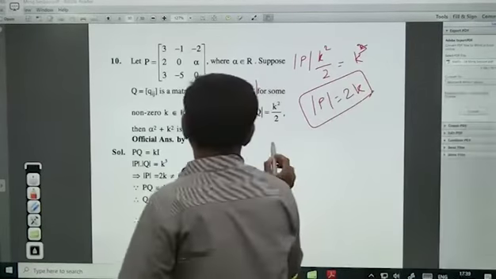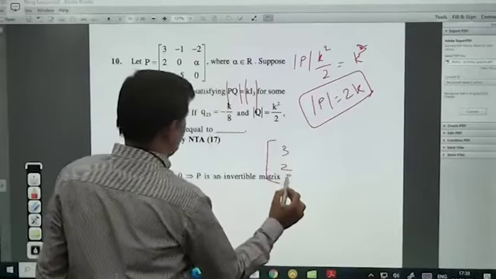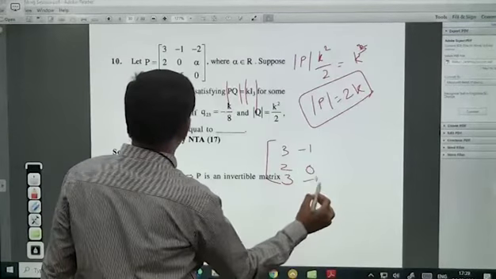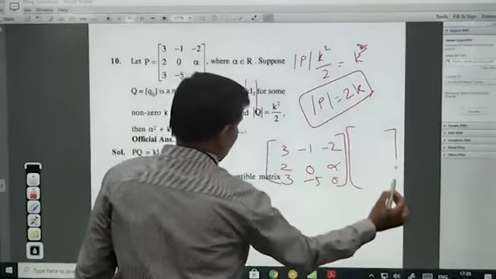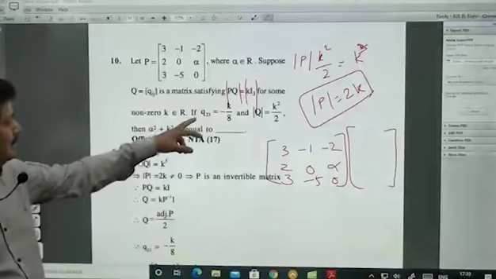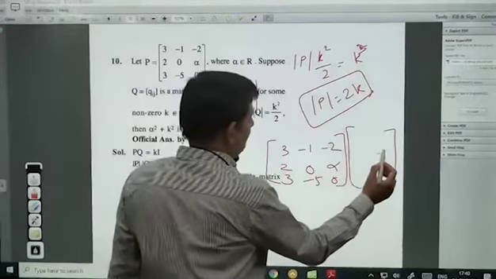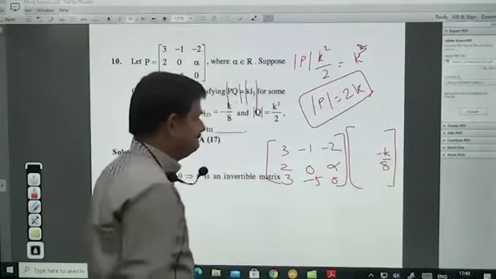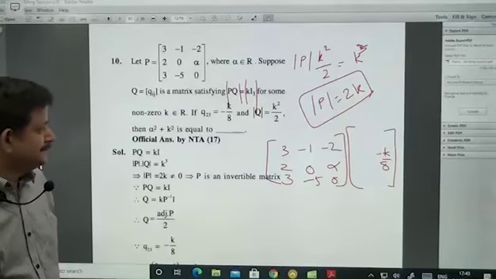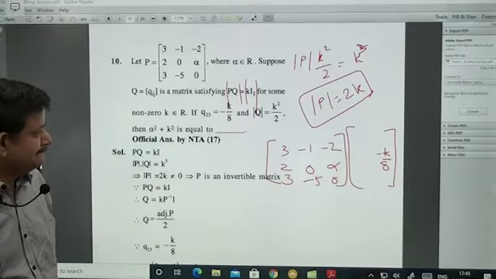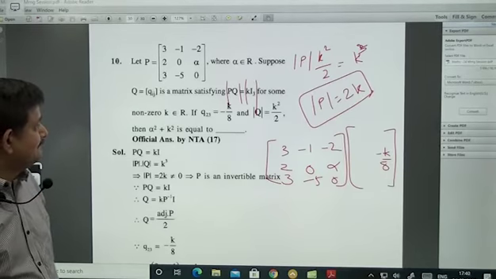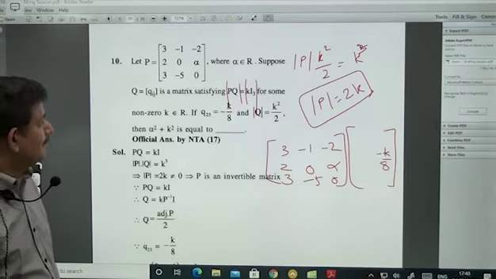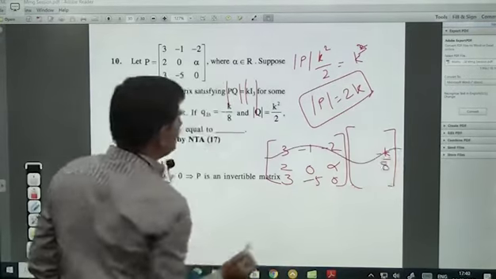Then in Q, which element is given to us? 2, 3. Okay, no. So instead you can do this.